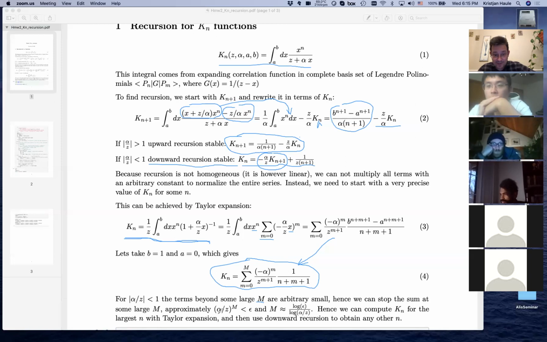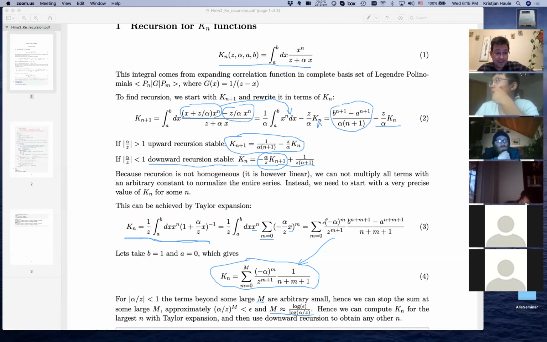By using a little bit of math, you can see that if you go to M, which is the logarithm of epsilon divided by the logarithm of alpha over Z, where epsilon is the precision with which you need to evaluate Kn, this is where you can stop. So let's say you set the precision epsilon to 10 to the minus 16, then this will give you roughly the maximum value of M up to which you need to go.